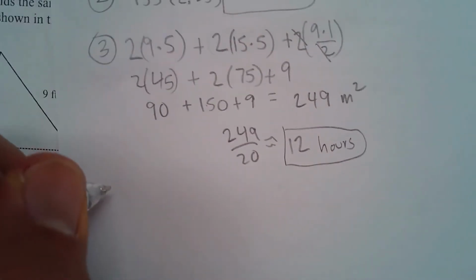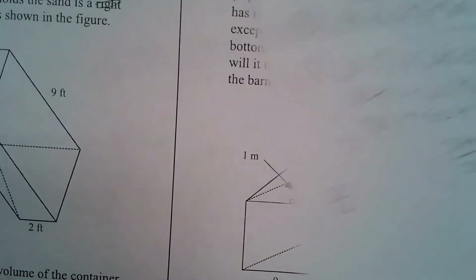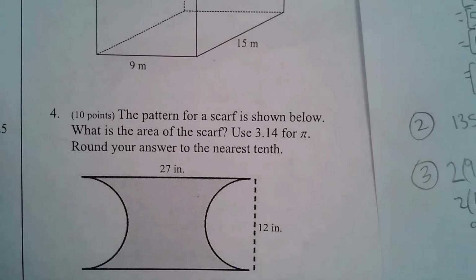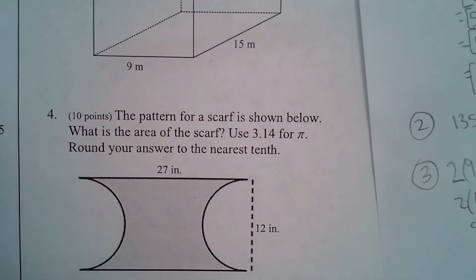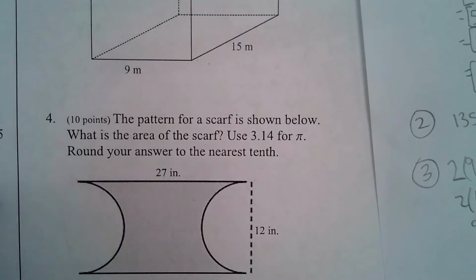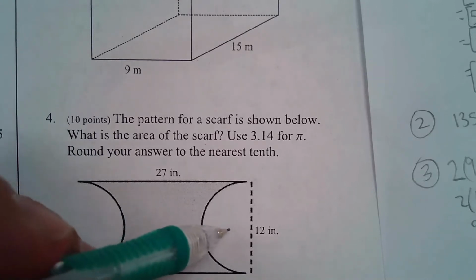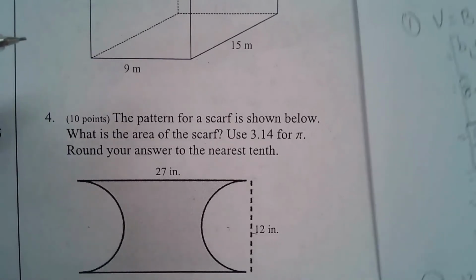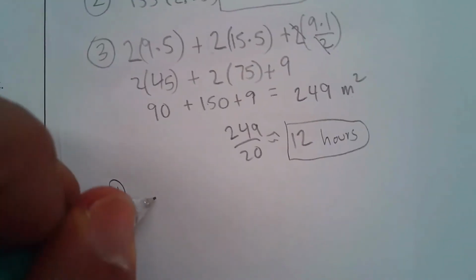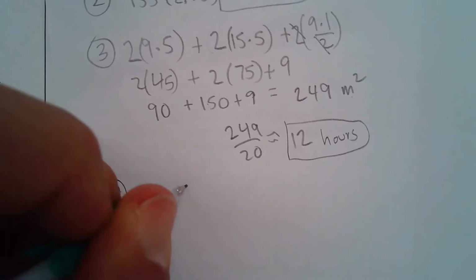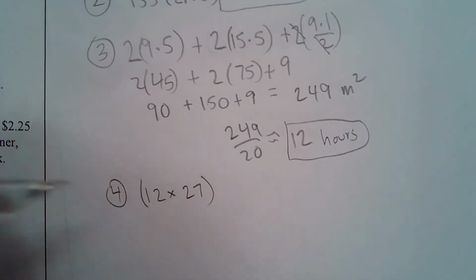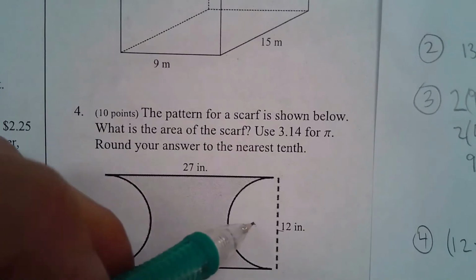Number 4. This pattern for a scarf is shown below. What's the area of the scarf? It looks like I have a big rectangle, 12 times 27, but I have to take out this part here. It looks like that would be one circle. So 12 times 27 would be the area of the entire rectangle, and take away the area of the circle.